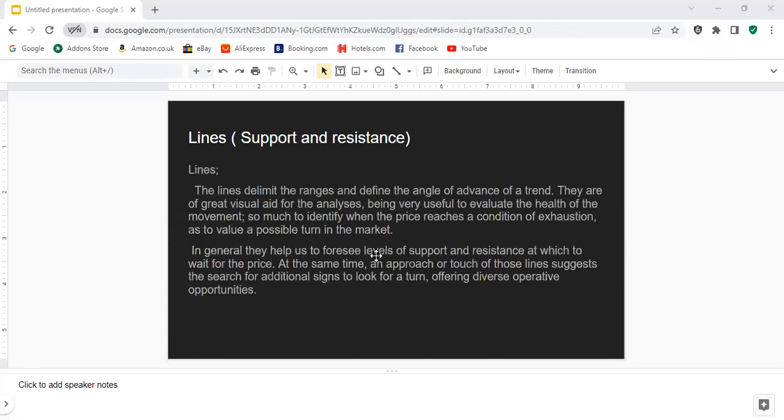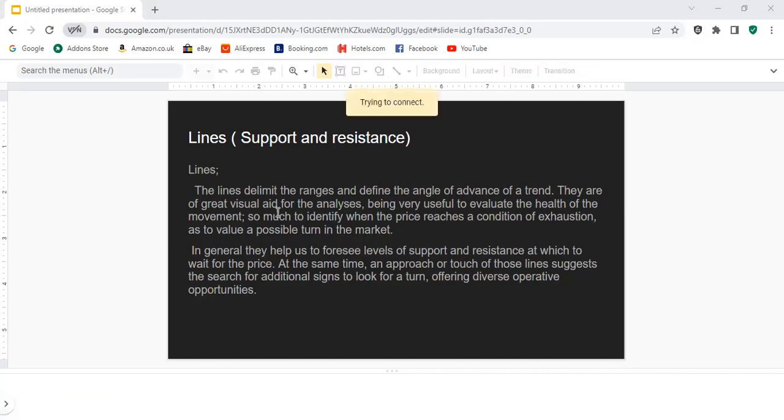Okay, support and resistance. This is what I wanted to talk about some time ago. Lines, support and resistance. The lines delimit the ranges, and define the angle of advance of a trend, right?